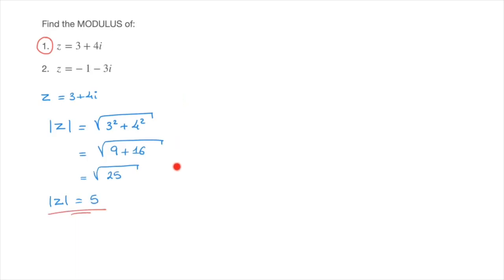You've probably noticed that this is very similar to the method we use for calculating the magnitude of a vector. And in fact, the graphical interpretation of this result is also very similar. Indeed, if we were to draw this in a complex plane, I'd have an imaginary axis as well as a real axis. So that's real, that's imaginary, that's 0, 1, 2, 3, and so on.